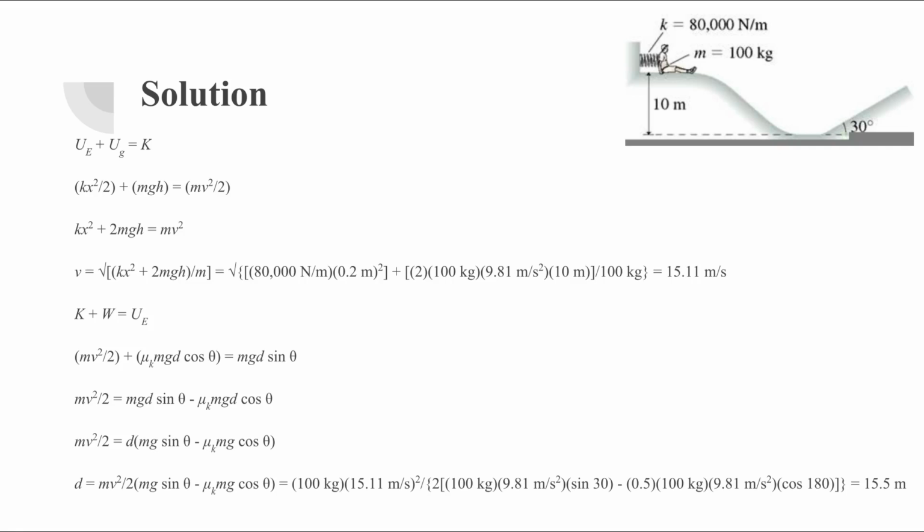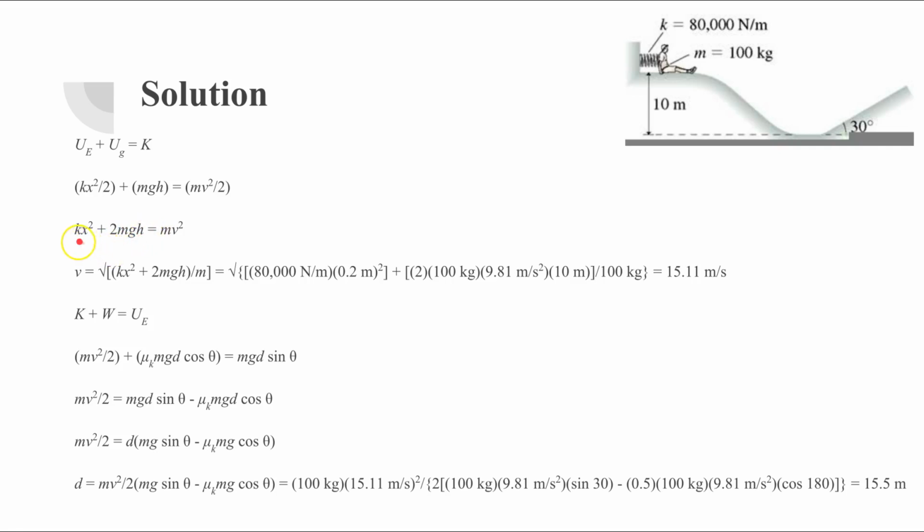Part A is easy, just conservation of energy. You have elastic potential energy plus gravitational potential energy. They already marked out a zero point for us, that's the dotted line. U_E plus U_G equals K, so 1/2 kx squared plus mgh equals 1/2 mv squared. Since they're fractions, it's better to multiply by 2 to get whole number coefficients: kx squared plus 2mgh equals mv squared.